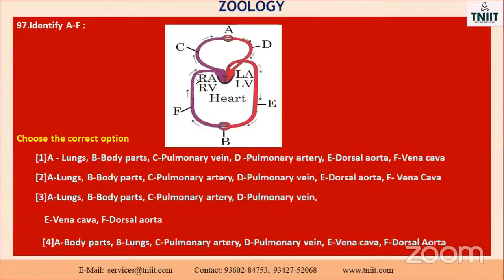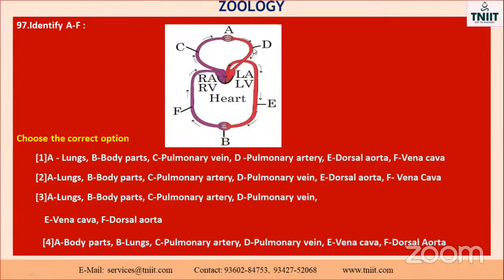So this part, we already discussed. You know, this one is the heart. Above the heart there are lungs. So where are the lungs? A is the lungs. So these three are lungs. The lower part, this one is called the body parts, so the body part is C. This one is the left pulmonary artery and vein.